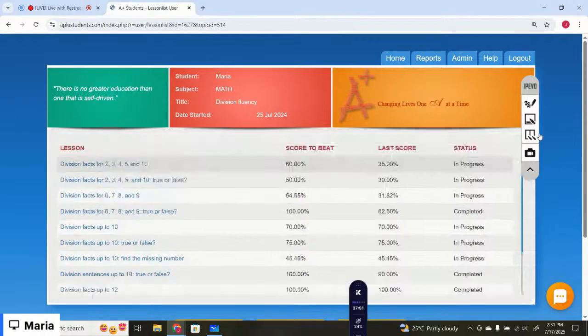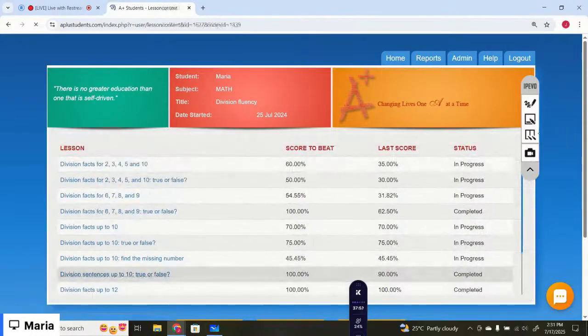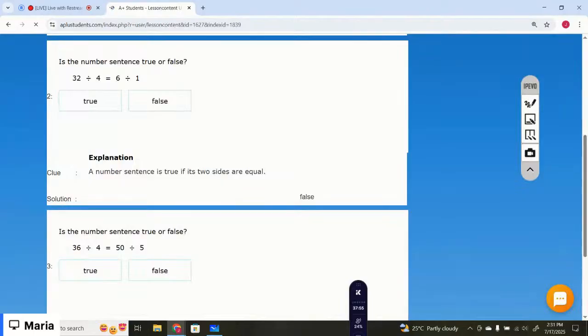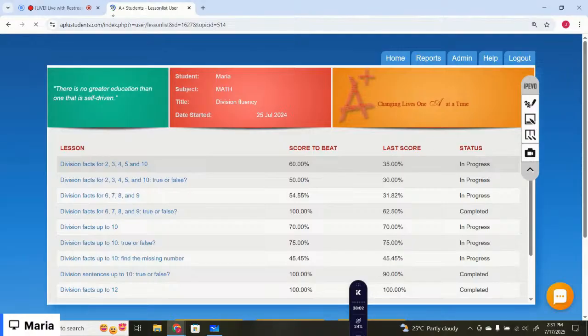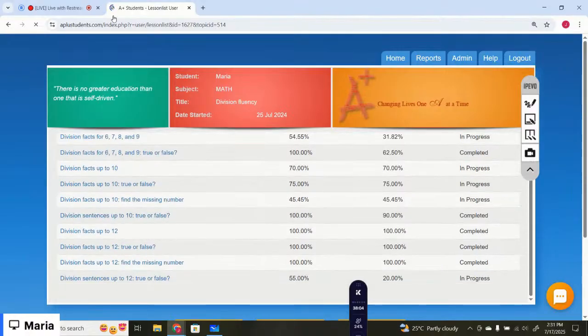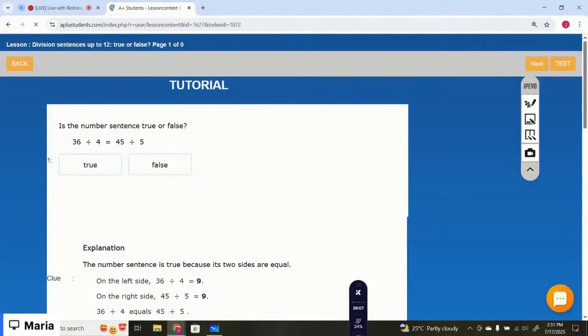The next lesson is division sentences up to 12, true or false. Let's just start with the test questions.